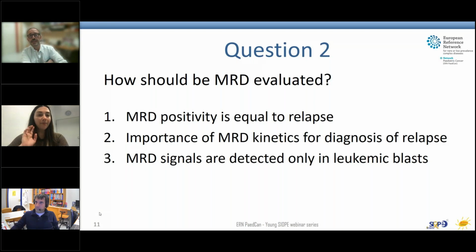Evangelia, maybe you want to comment. One last comment, because you talked about the core binding factor leukemias that are most of the time positive at the end of the intensive chemotherapy, and that is well known, but we have to check the kinetics of MRD. On the other side, we have the MLL rearrangement AMLs, which are most of the time the high-risk AMLs that develop a rapid relapse as soon as their MRD level is detected.